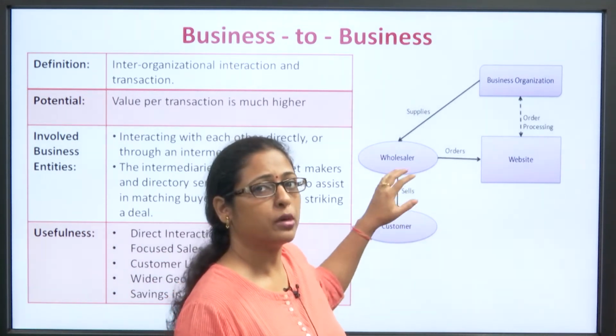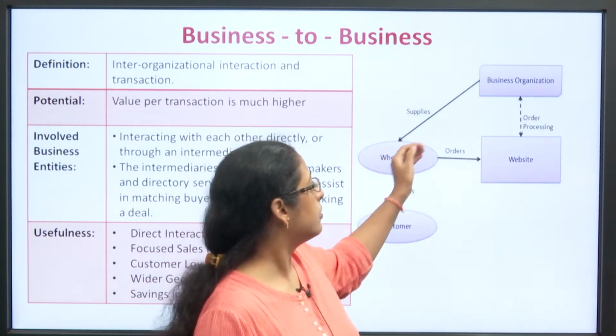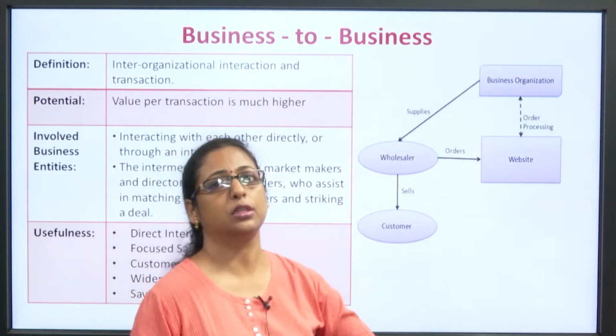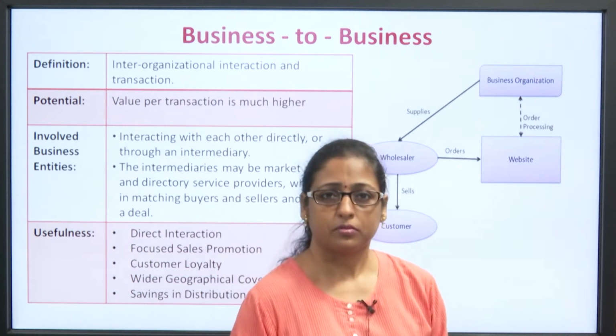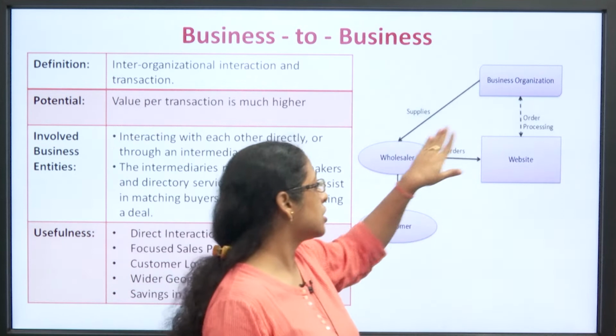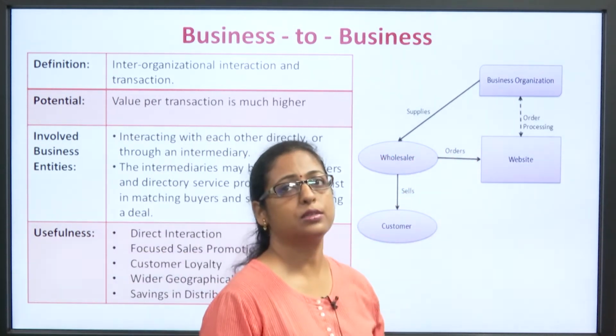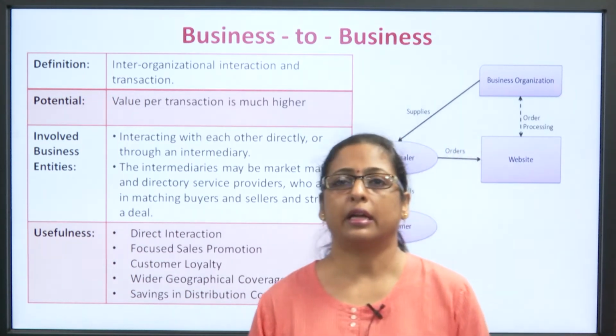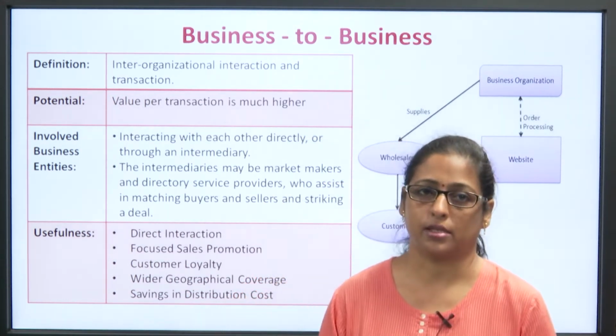The purpose of the wholesaler procuring things from the business organization is obviously to sell them further down to the customer. So, over here the intermediaries involved are the business organization, the wholesaler, and the website, which is the technical intermediary.